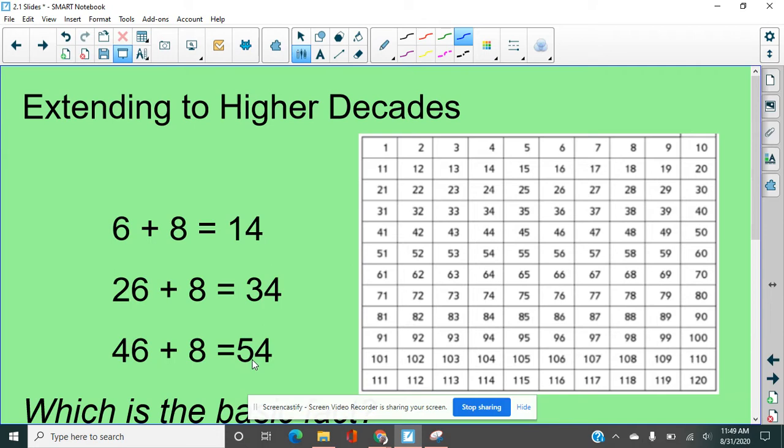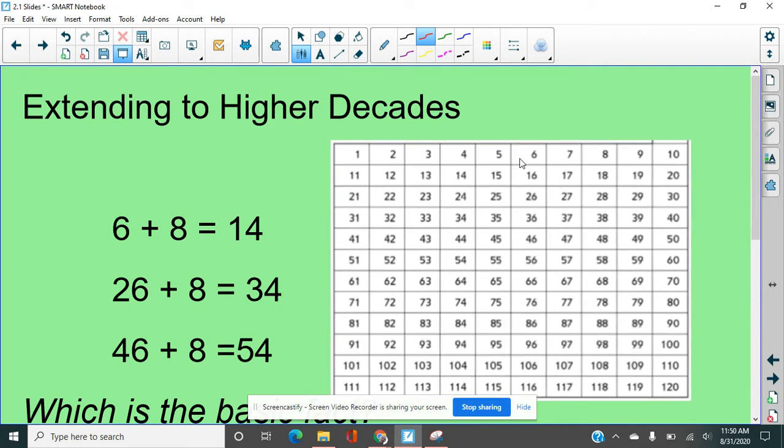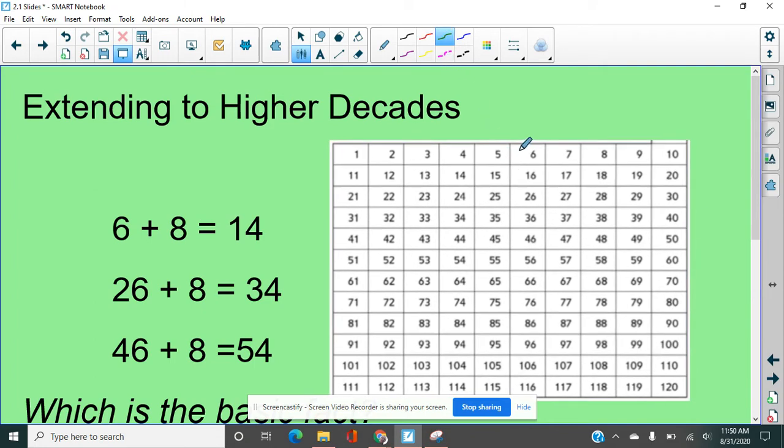So, look at if we think about this on our number grid here. 6 plus 8, we'd be starting at 6 and adding 8 more. So we'd be going, whoop, I tried to draw on it. Let's try again. We'd be going up to here. 26 plus 8, we'd be going up to there. 46 plus 8 would be 54.